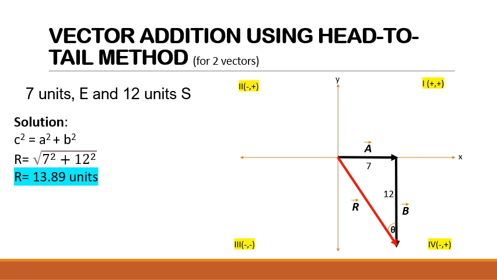Using the Pythagorean theorem, you will just sum the squares of the sides, 7 squared and 12 squared, get the square root, and you will have this result, 13.89 units. To get the angle, take the quotient of 7 and 12, get the arctangent in your calculator, and you will see the answer, 30.26 or 30 degrees.